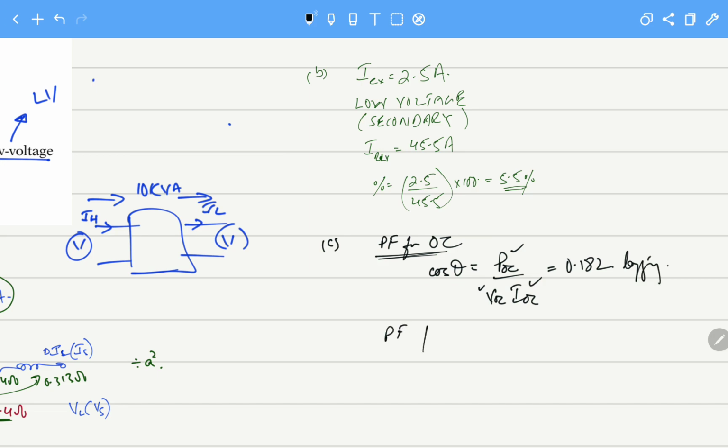And power factor for short circuit test will be cos theta equals power short circuit over V short circuit times I short circuit, and this becomes 0.315. This is also almost always lagging.